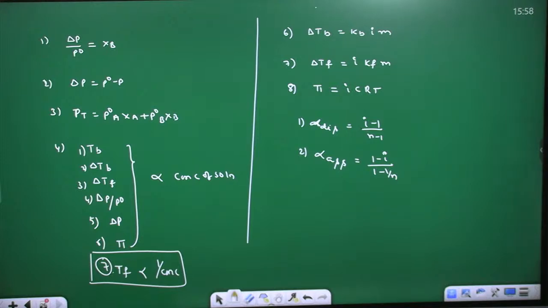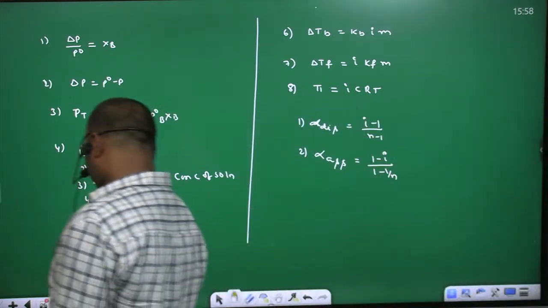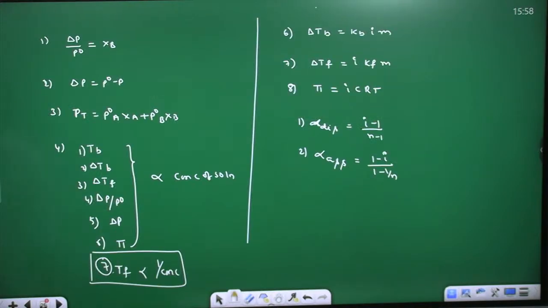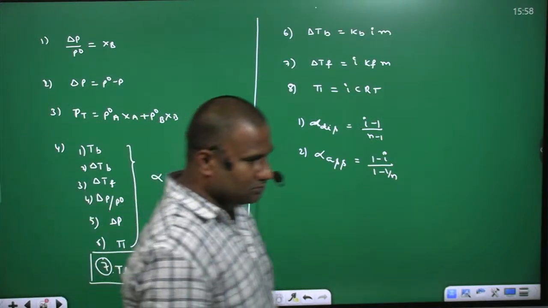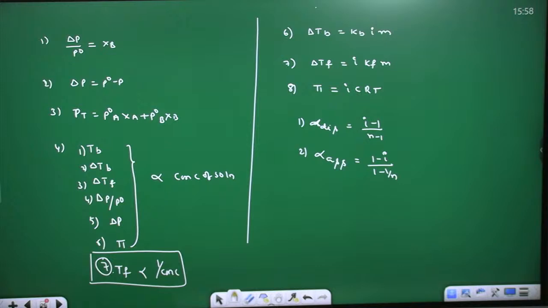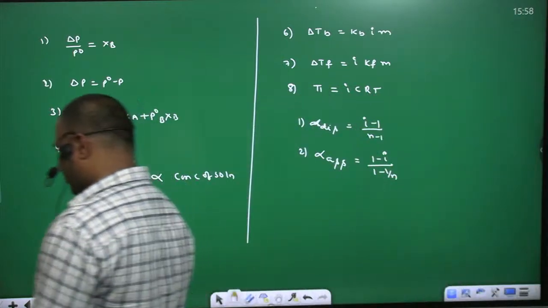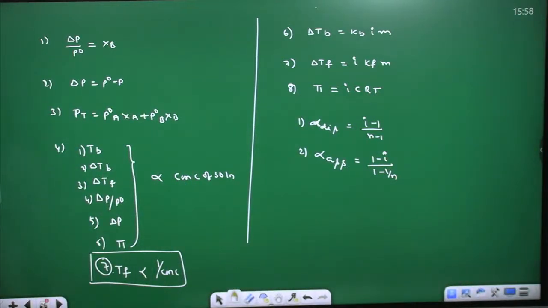Next one, chemical kinetics. How many formulas we have?